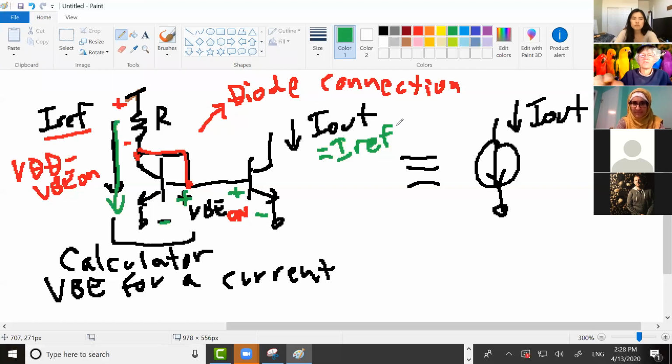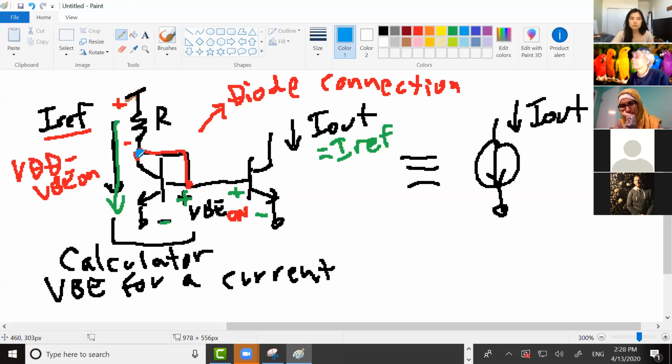And the reason why you can do this and why this is pretty close is this node right here will change some with the change in the current. Your VBE will change a little bit.